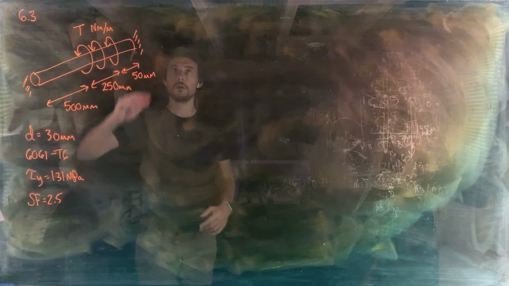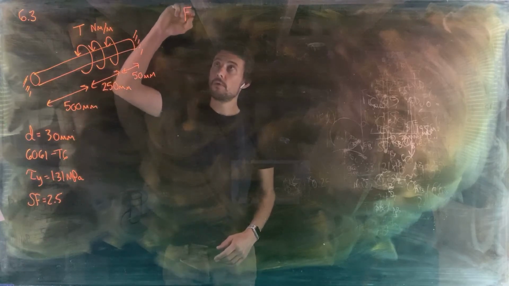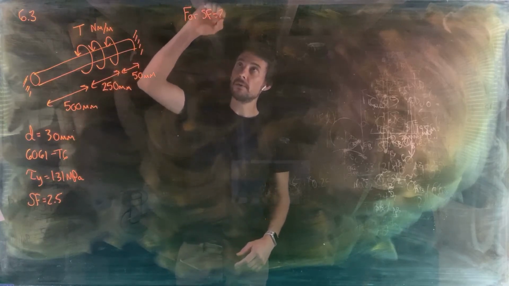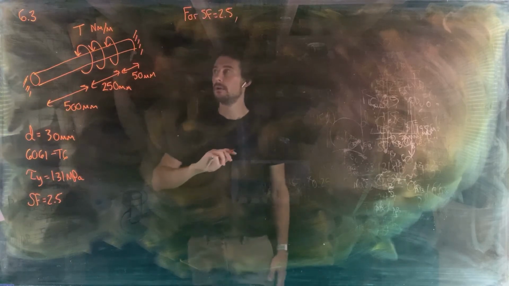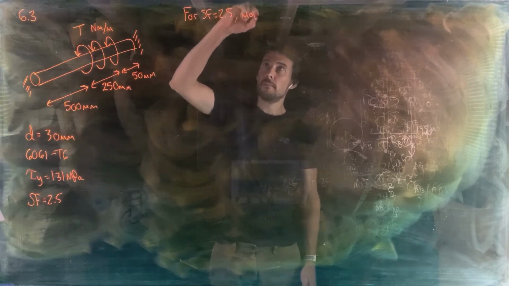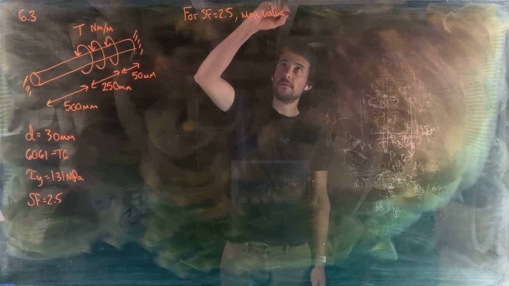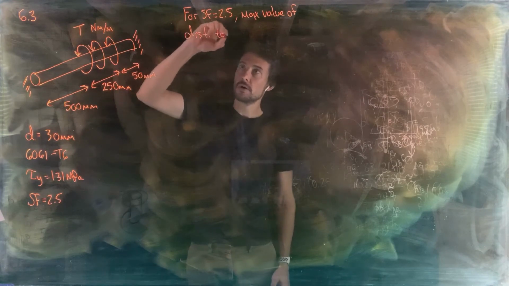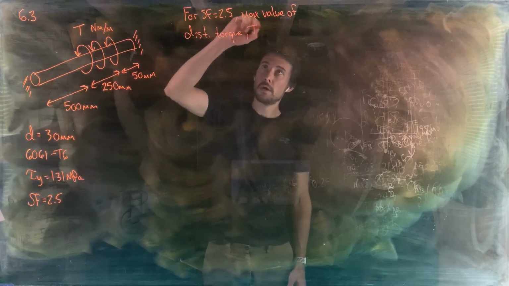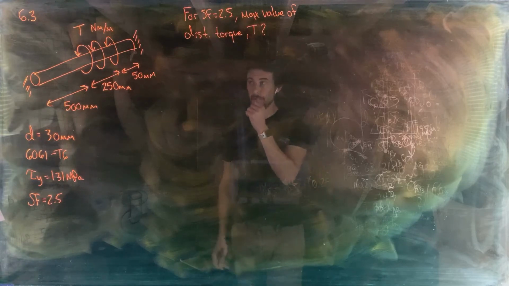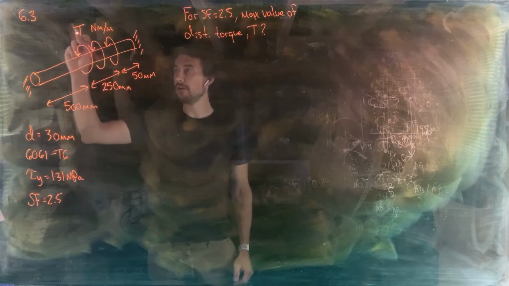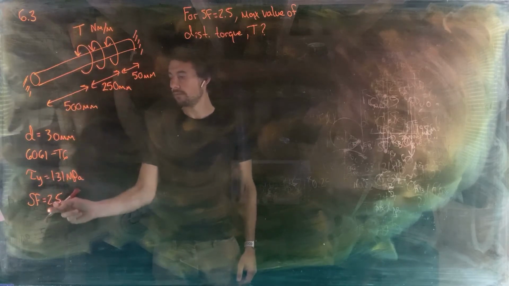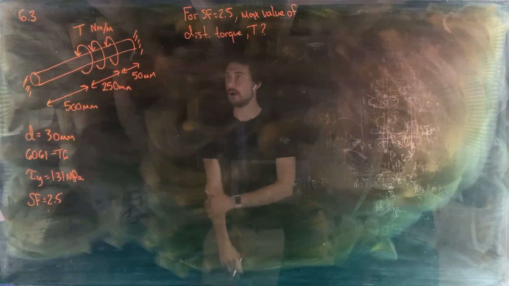Okay. So we want to know, for our safety factor equals 2.5, the max value of the distributed torque T. Okay, so what can be the maximum value of the distributed torque T if we've got a safety factor of 2.5?